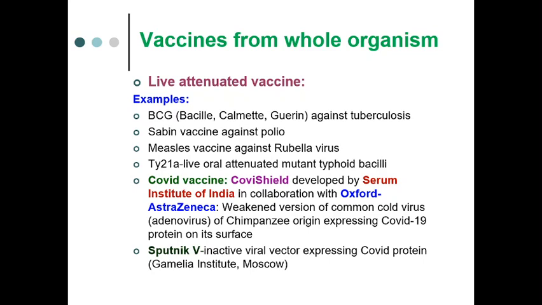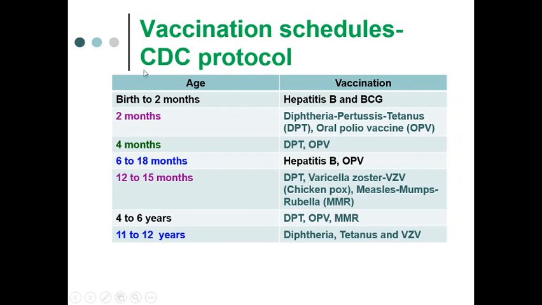Therefore, it is quite essential that the polio vaccine, which is generally administered as oral polio vaccine, as seen in this slide, which is called OPV, oral polio vaccine. It is administered orally and it needs to be administered at least 3 times.